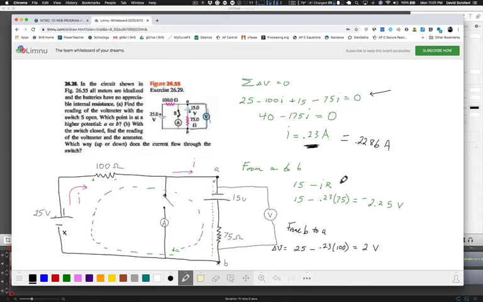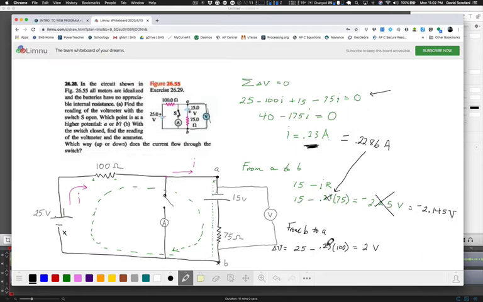If I replace that number in there and get rid of the 0.23, that changes this from negative 2.25 to 15 minus 0.2286 times 75, which is negative 2.145 volts, which is arguably quite different than what I had, the 2.25.